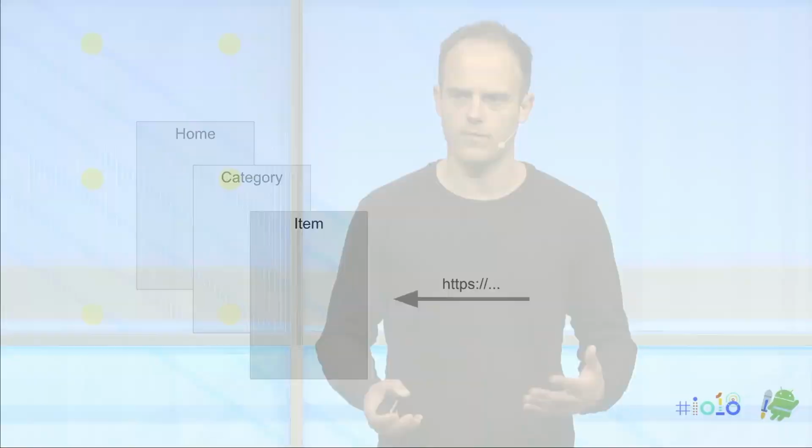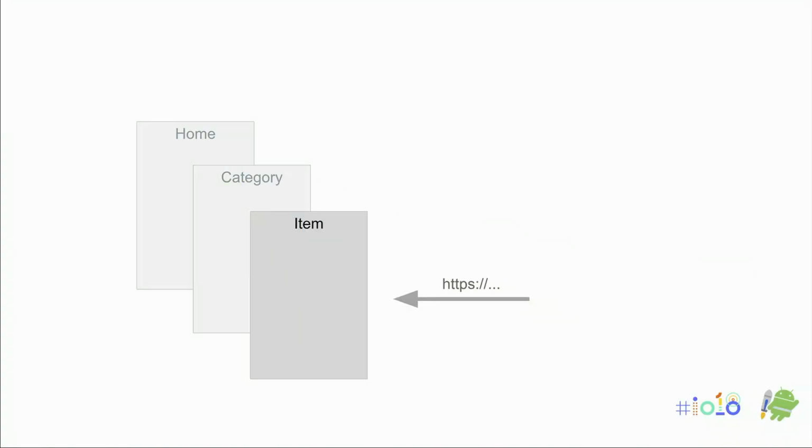Say that I have an item screen in my app, and it's accessible via deep link. So far, so good. But if someone had navigated to this screen by opening the app from the home screen, they would have a couple other screens on the back stack. And so hitting up, we want them to not go out of the app from the item screen. We want them to go to the category screen and then the home screen.